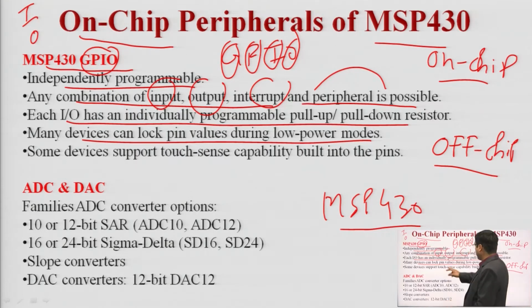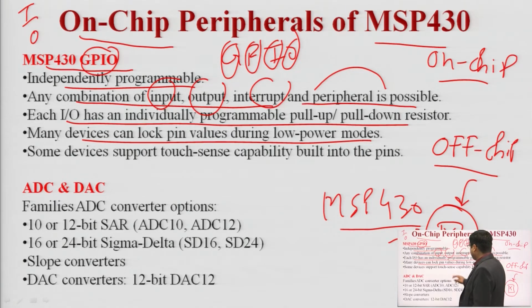That means it can lock pin values. For example, if this is block number X available in our MSP 430 and we do not want to use it, it will be in a silent state, or we can say in a sleep mode.